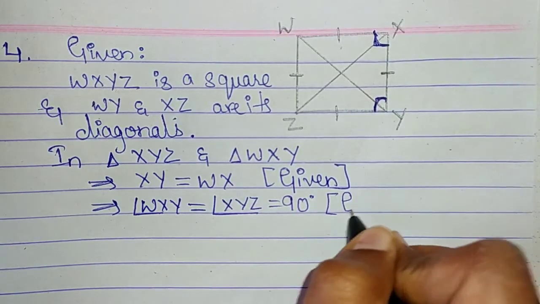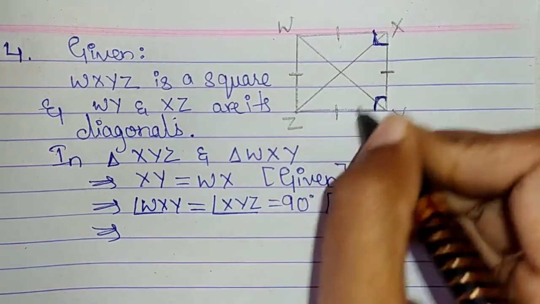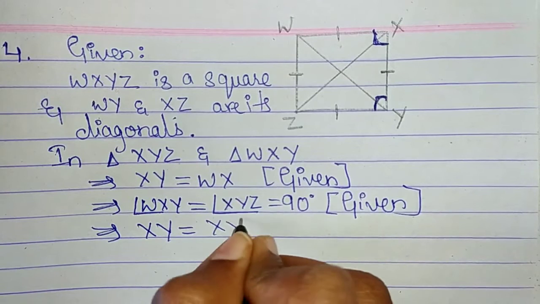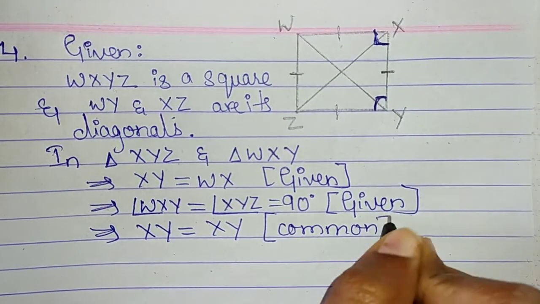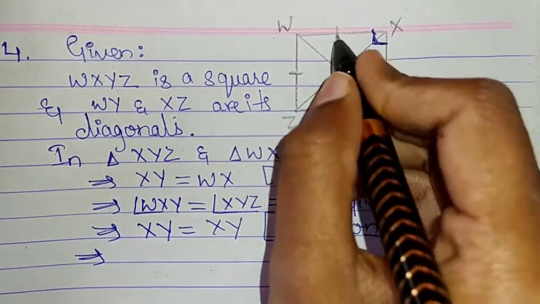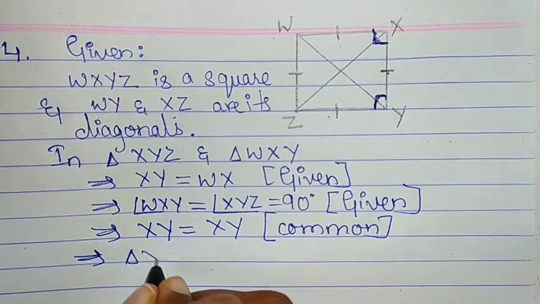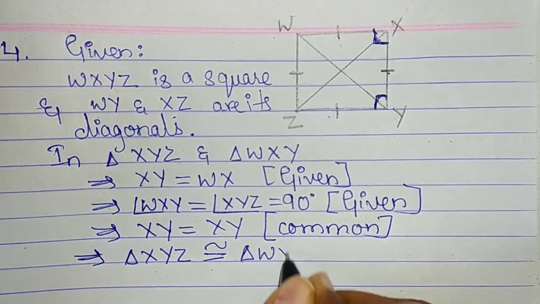It is also given. And lastly we have XY, a common side. XY is equal to XY, which is common. So this implies side angle side. By SAS, triangle XYZ is congruent to triangle WXY.